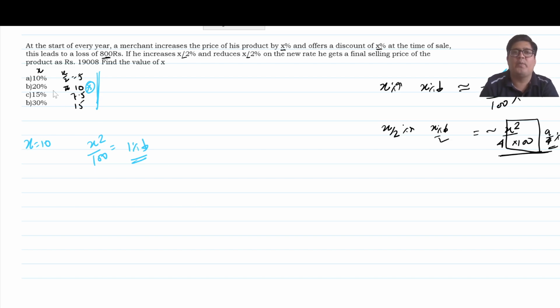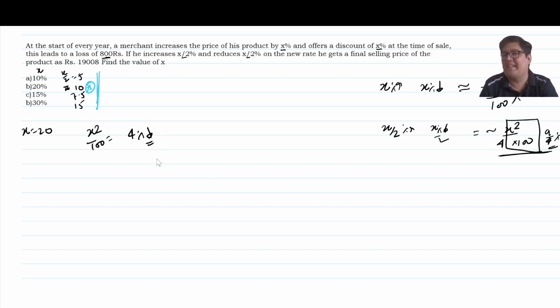Sorry, X was equal to 20. My mistake. I'm starting with option 2 because X by 2 is easiest to work with. If X was equal to 20, X square by 100 will be a 4 percentage decline. If that is a 4 percentage decline, then X square by 400 will be a 1% decline.